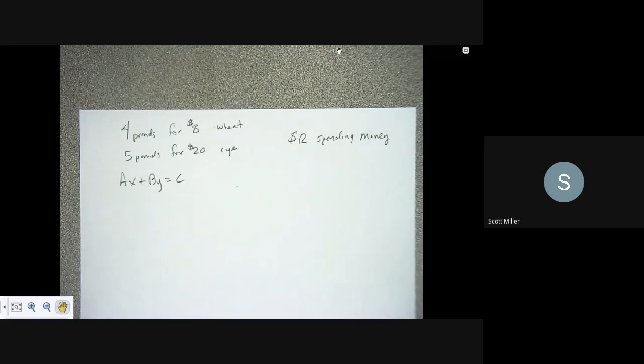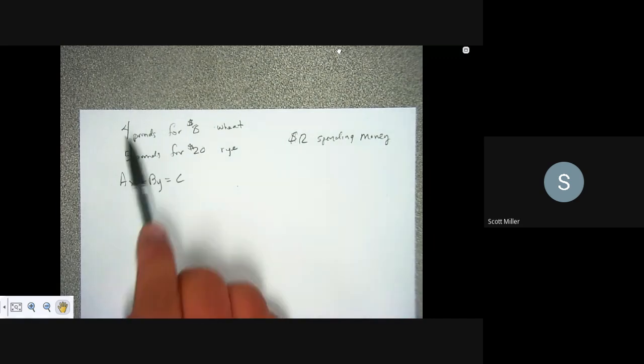Have you ever been to a bulk store where you can get bulk beans or bulk rice, you just scoop it into a bag kind of a thing. The price is fixed, but the amount you get varies. So how much you get, the weight, varies in this situation, but the pricing is going to be fixed. Your pricing is 4 pounds for $8.